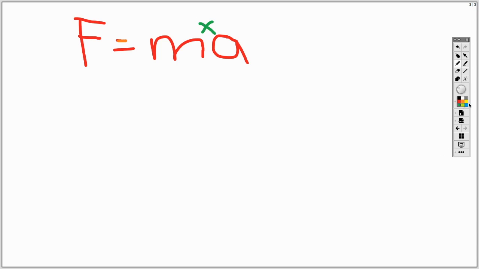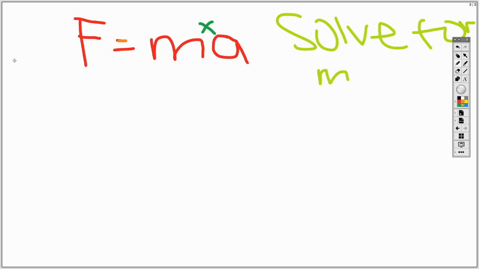Suppose we want to figure out the mass of an object, so we would solve for m. Force is already on the side we want it to be, so we just have to get rid of a, or acceleration. Remember, you do the reverse operation. If it's times a, then we divide by a, because the reverse operation of multiplication is division. So we divide by a, and a is successfully gone from this side.